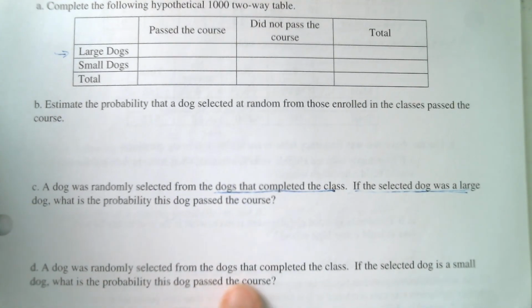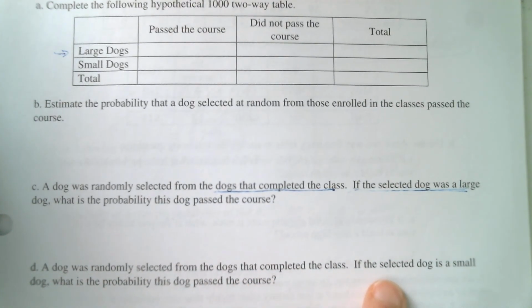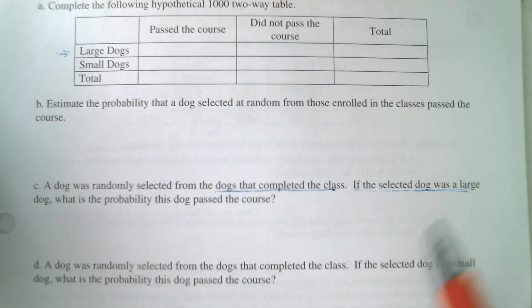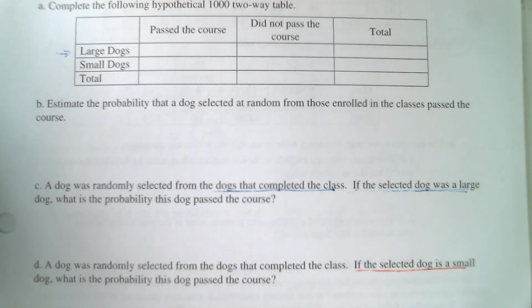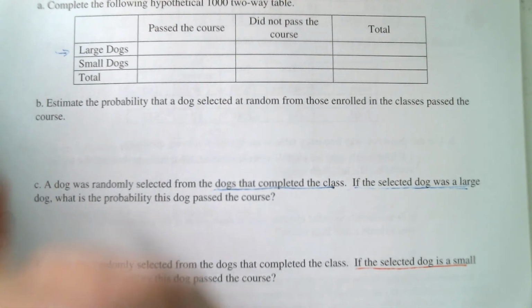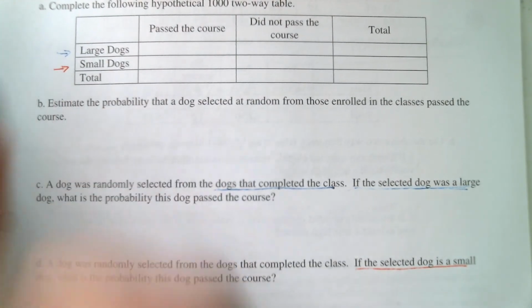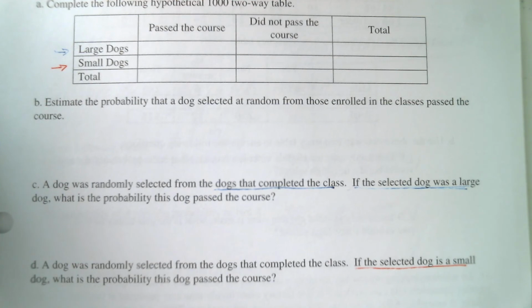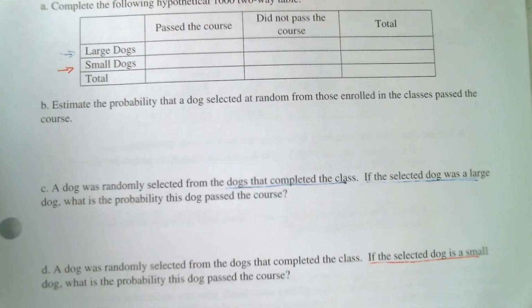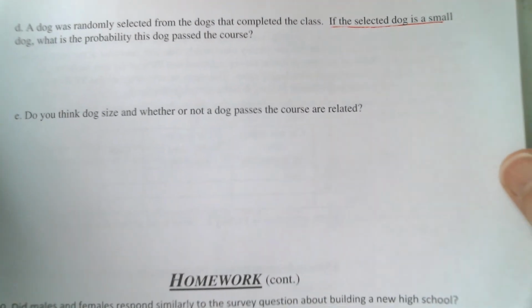Dog was randomly selected. If the selected dog is a small dog, right? Selected dog is a small dog. So now you're only looking at this row. And unfortunately, the misalignment in males and females.